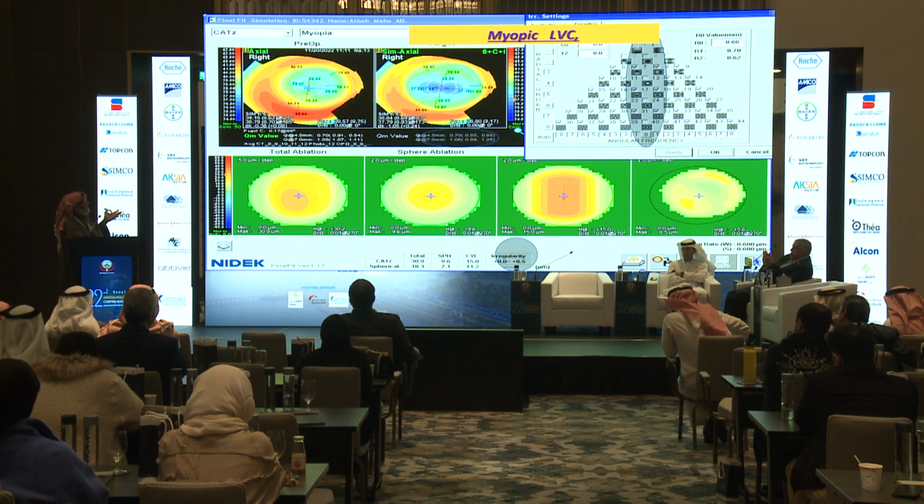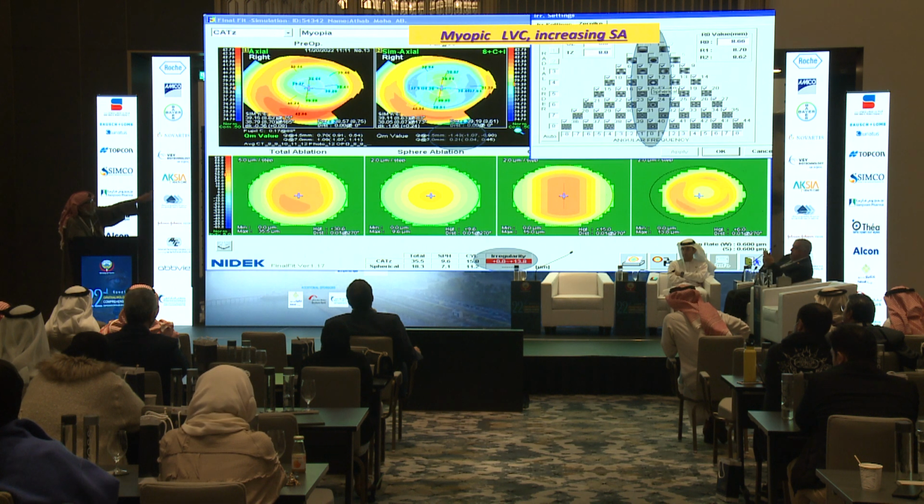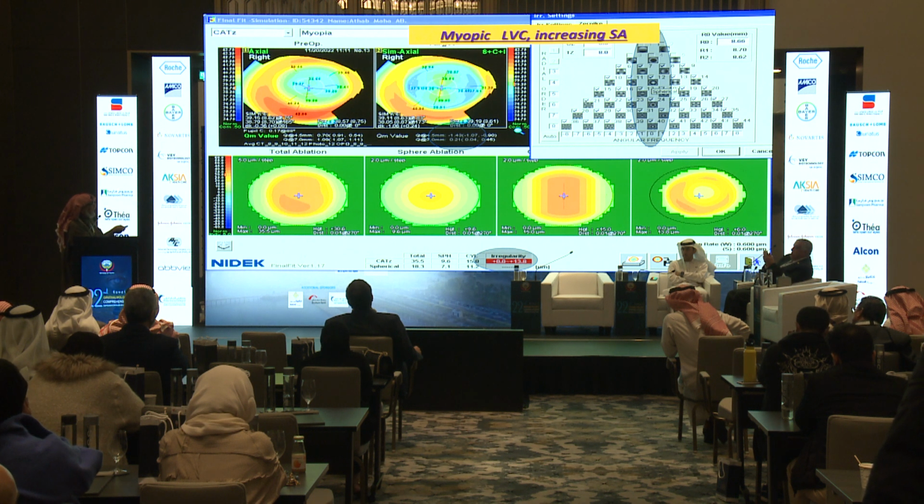And now, this is myopic correction. Again, look at it. From 38, it became 36. Nice, nothing is done there. Once I corrected, only by 13 microns, I gave him much better. Look at the Q value.